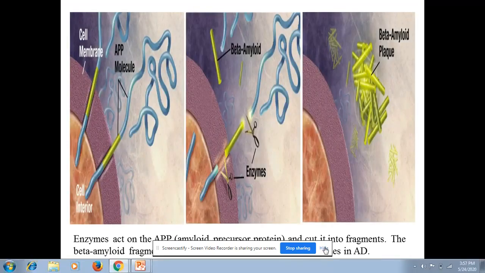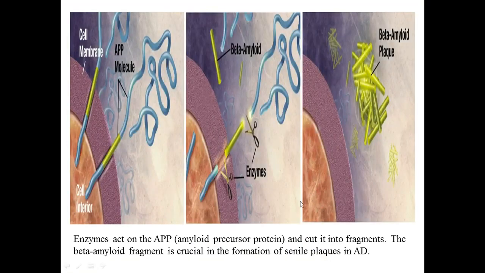Next, what happens in the actual mechanism of this hypothesis? Now you all know that the amyloid precursor protein is a transmembrane protein in the neuron membrane.